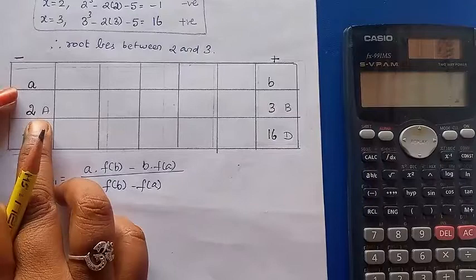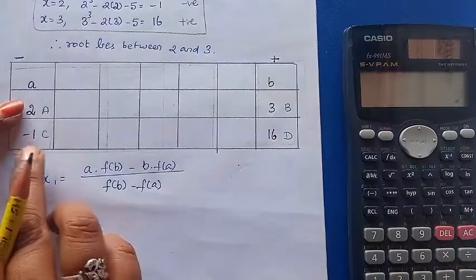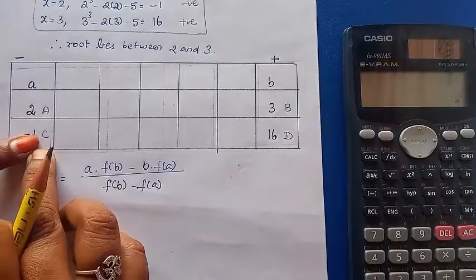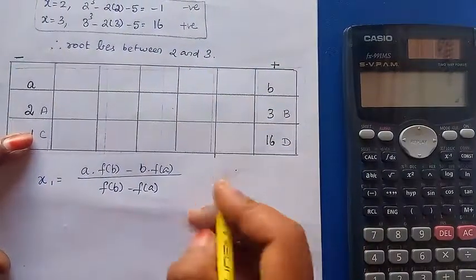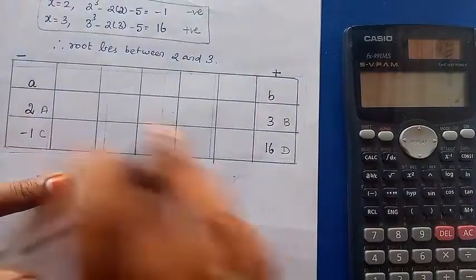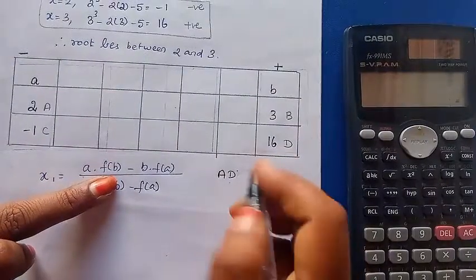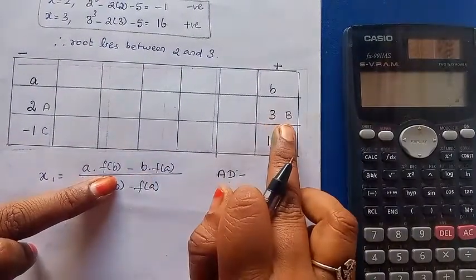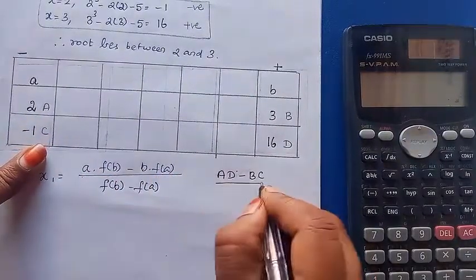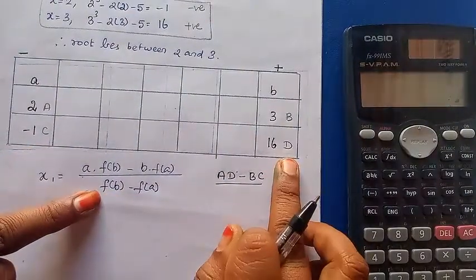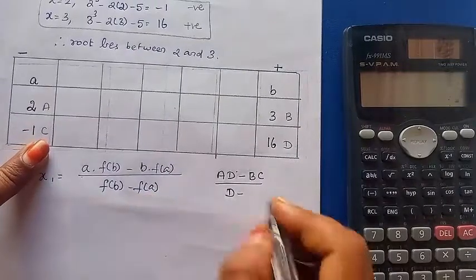Let us assume the value of a as capital A, b as capital B, f of a as capital C and f of b as capital D. So when you assume like that, this formula will be changed as, instead of small a, it is capital A. F of b means capital D, minus b is represented as capital B, f of a is represented as C, divided by f of b represented as D minus f of a represented as capital C.